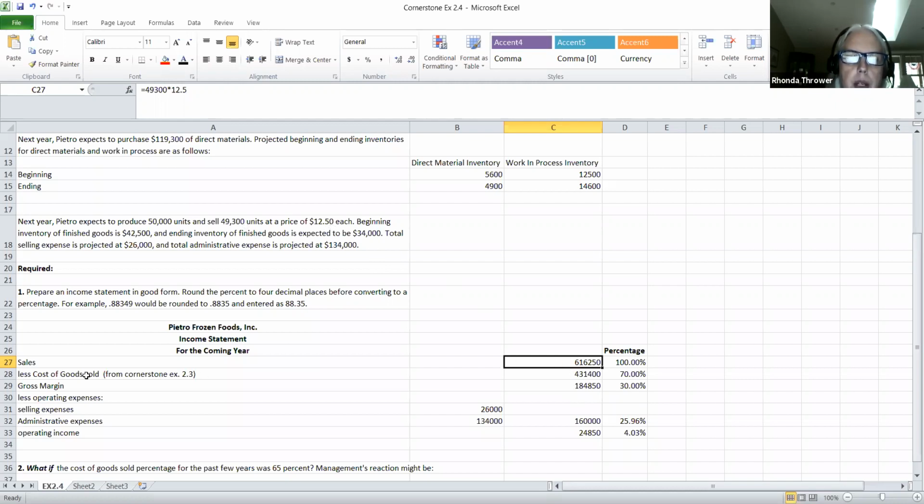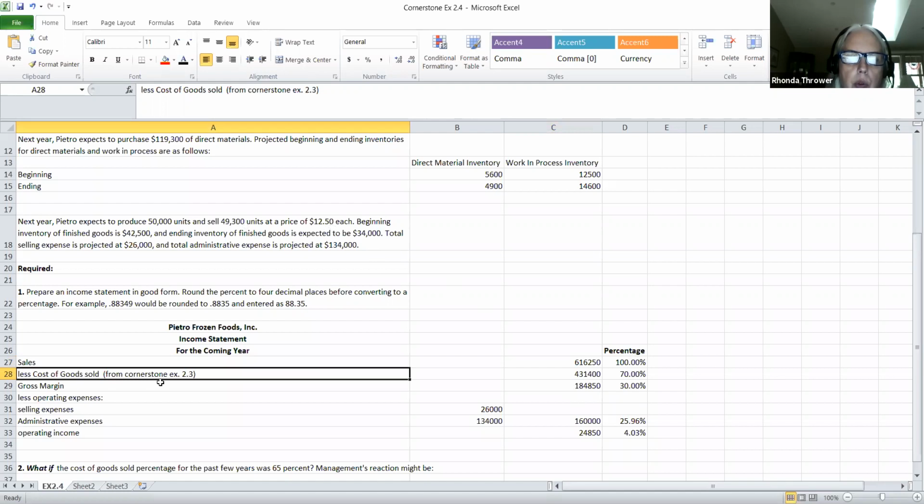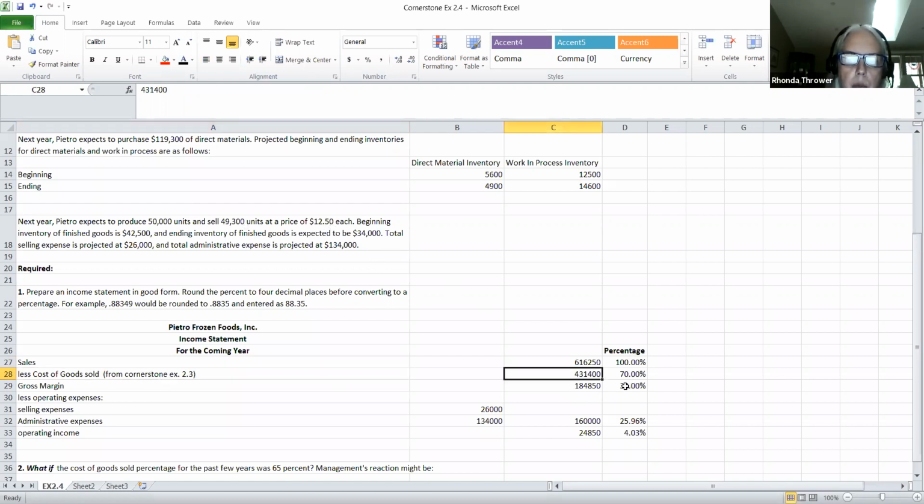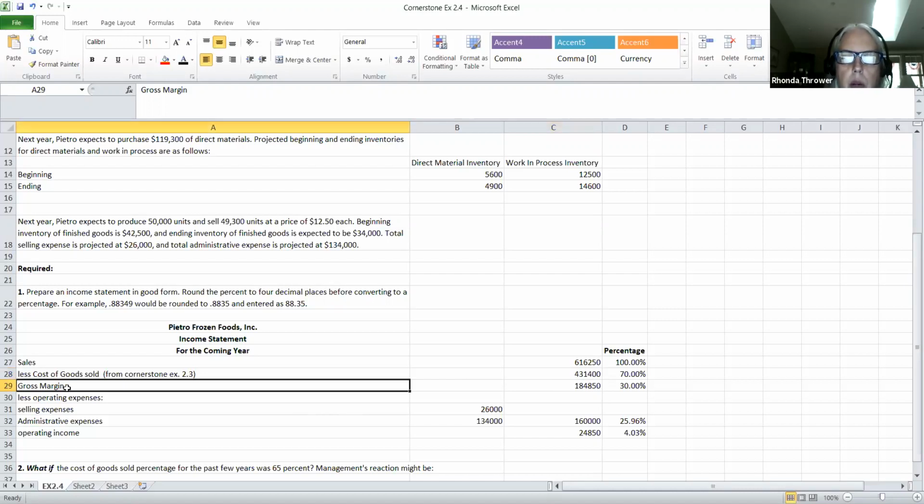And then you're going to pick up your cost of goods sold, which was from the previous exercise. The dollar amount of the cost of goods sold was $431,400. You're going to subtract your cost of goods sold from your sales amount, and that will give you what we call gross profit, or in this textbook, they're calling it gross margin.